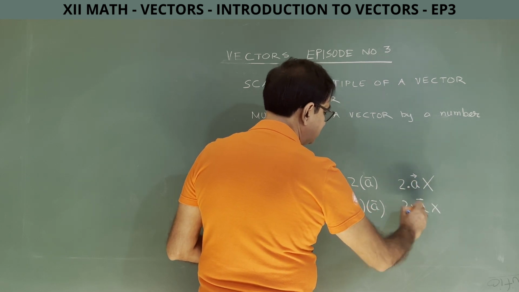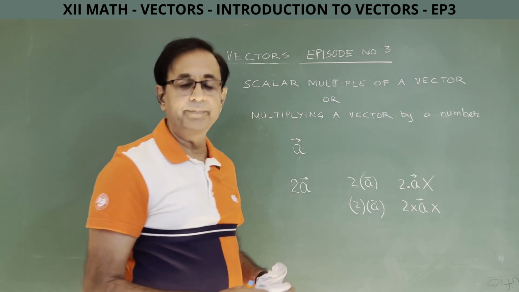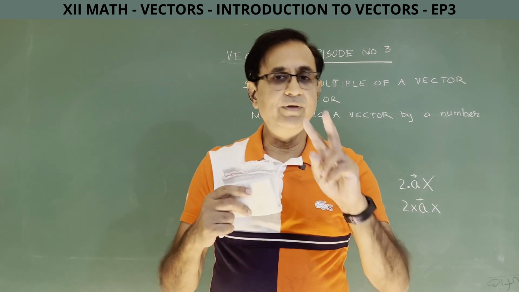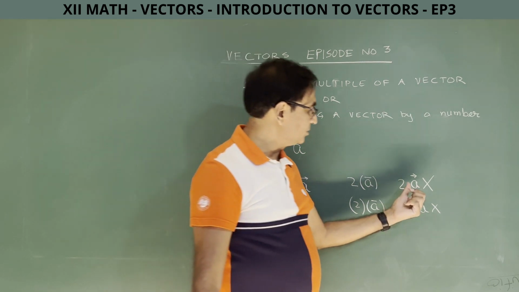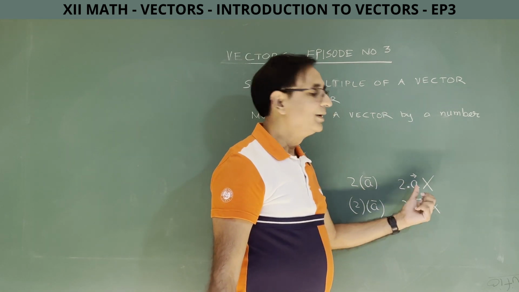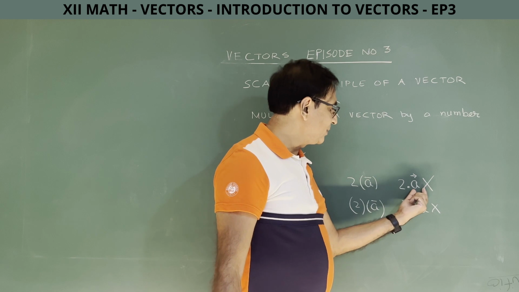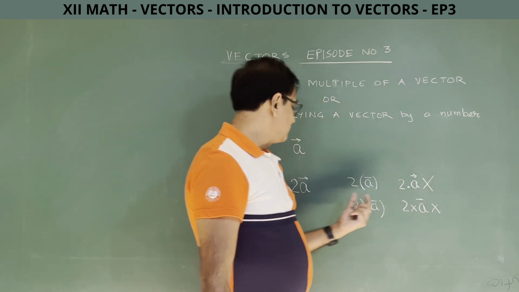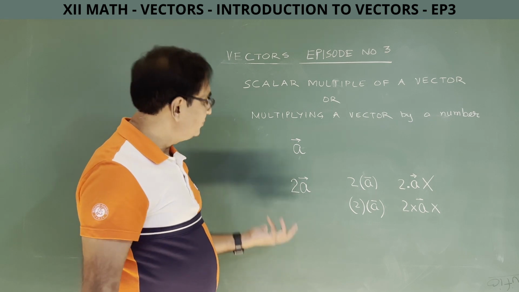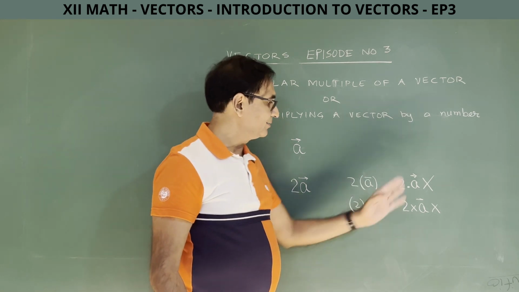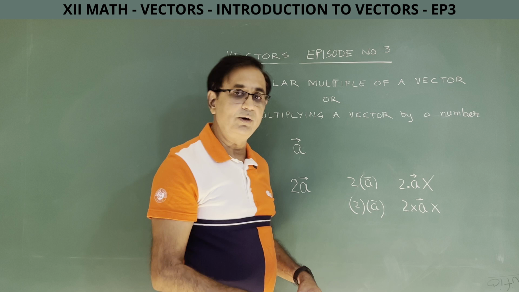These symbols have very specific meaning and are reserved when we are multiplying 2 vectors. So, when I multiply 2 vectors, then I put this dot or a cross between them. Dot and cross cannot be put between a vector and a number. Between a vector and a number, we just don't put anything. If you still feel like putting something, make a bracket, but not dot and cross. So, be very careful about this point.